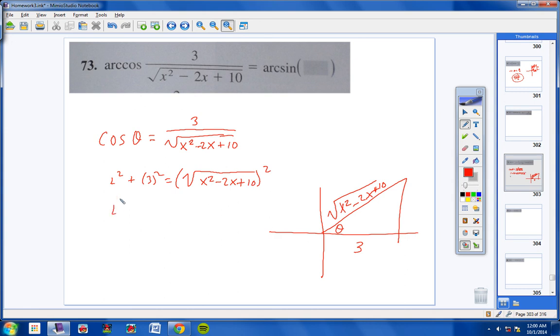Now watch this carefully. Leg squared is leg squared. 3 squared is 9, and you should know by now that whenever you square a square root, you get just what's under the square root.